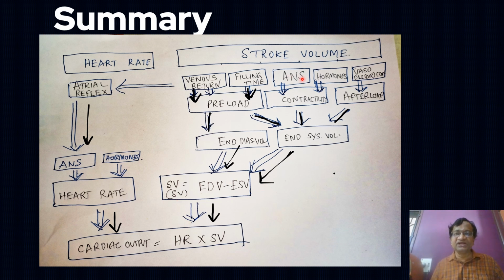And the autonomic nervous system is directly involved in contractility. The hormones are directly involved in contractility. If you have a decreased afterload, yes, it is better for the cardiac output. If you have an increased afterload like hypertension, aortic stenosis, yes, the heart has to work more and there is LV hypertrophy to achieve the same stroke volume.